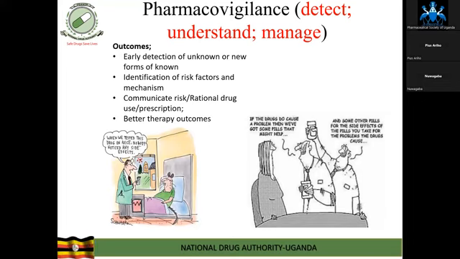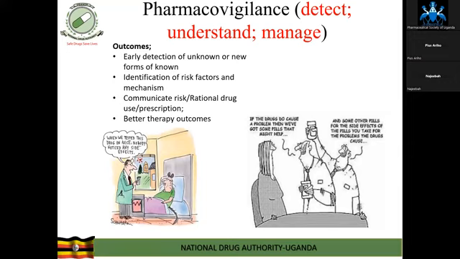So when you go through the life cycle of drugs, you remember that the drug comes from probably the lab, then into preclinical studies, animal models, then into clinical trials, then it comes finally to the general population.